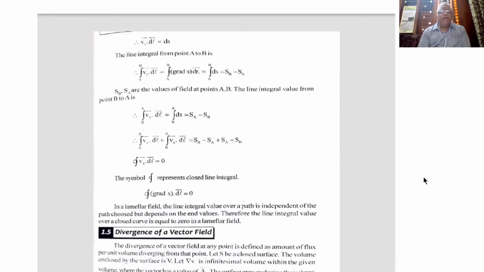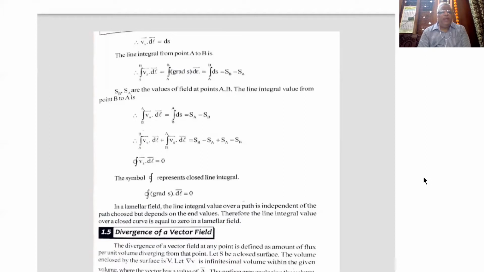SB and SA are values of the field at points A and B. The line integral from point B to A of del S dot dl is the integral of ds, which is equal to SA minus SB.